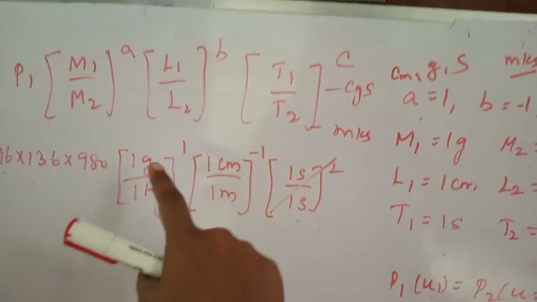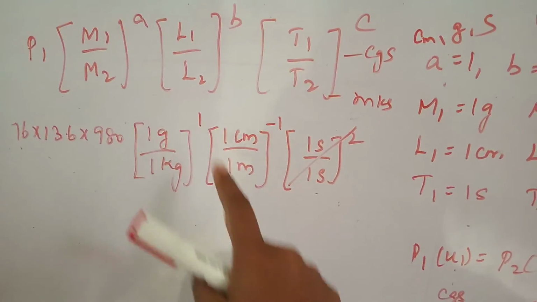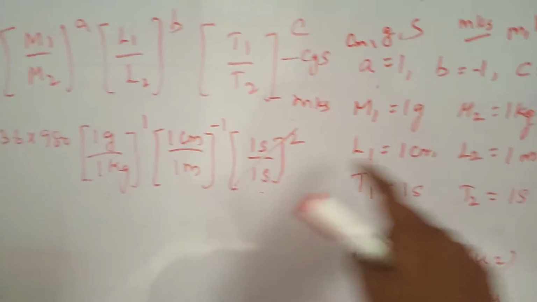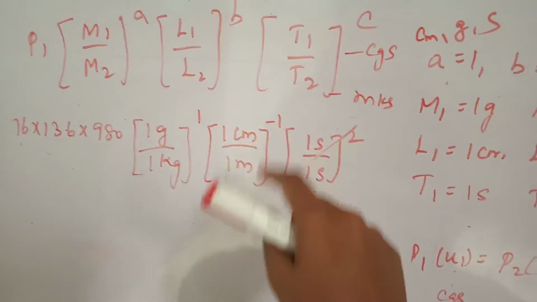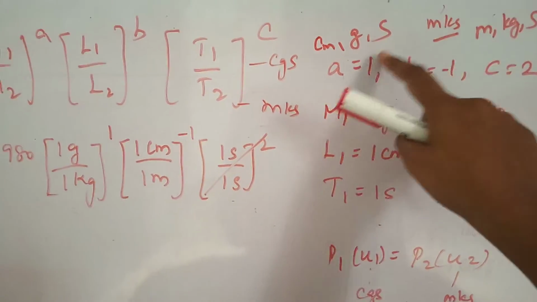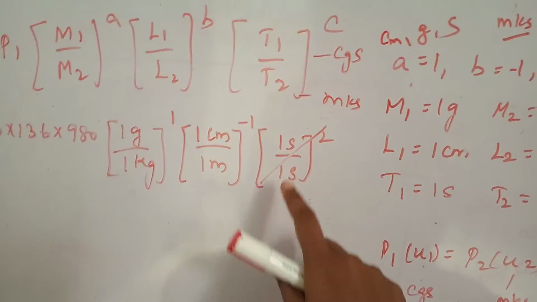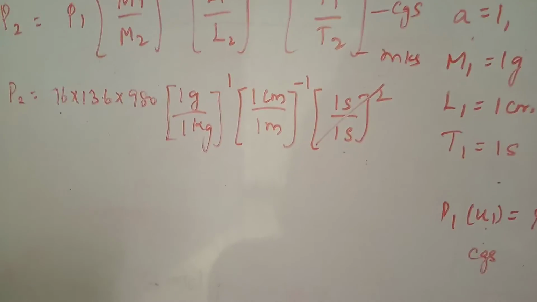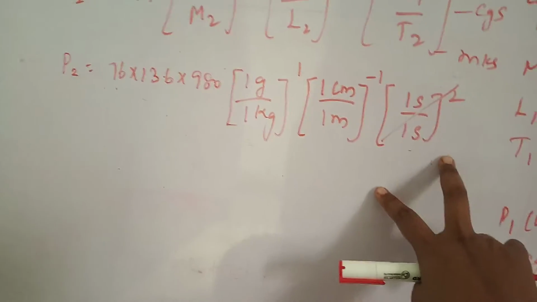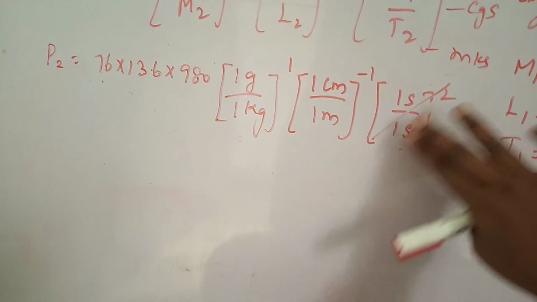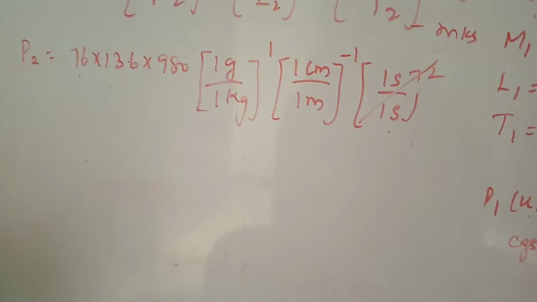So 1 gram by 1 kilogram whole power 1, into length: centimeter, meter, so 1 centimeter by 1 meter whole power minus 1, and time is in seconds for both systems. So it is 1 second by 1 second whole power C value, which is 2. Here both the time values are in seconds, so there is no conversion. It gets cancelled off.